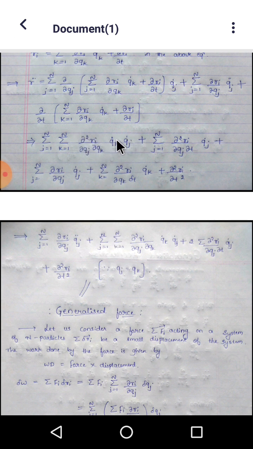First write this term, next this term, next this and this: ∂²ri/∂qj∂t q̇j is nothing but, with k equals j, then qj equals qk, means 1 plus 1, 2 times. Okay, next plus ∂²ri/∂t², okay.